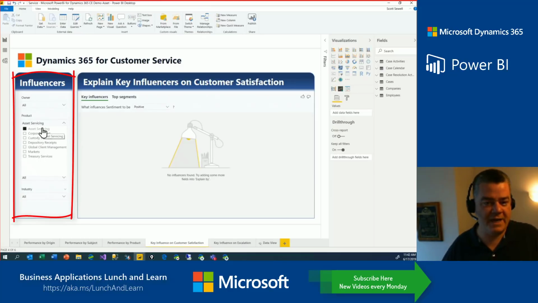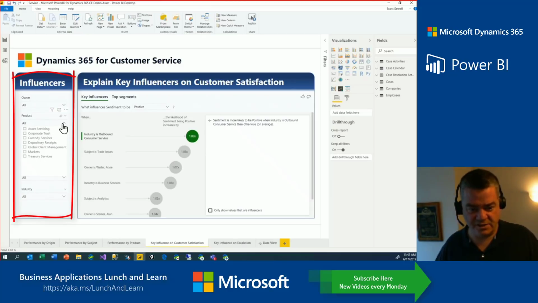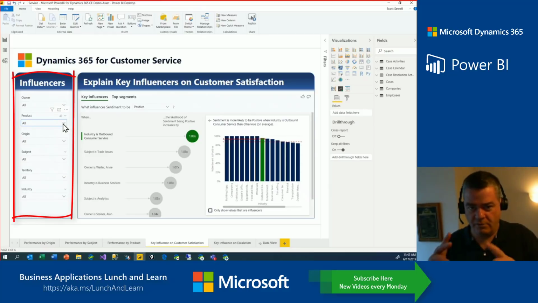Sometimes if there's not enough data to be statistically significant, it will give you that little window saying there's not enough there. But in the other cases, we have this visibility into all products and all customers and everything. If the customer comes in and outbound customer service is the industry for the account, they've got a great positive score.